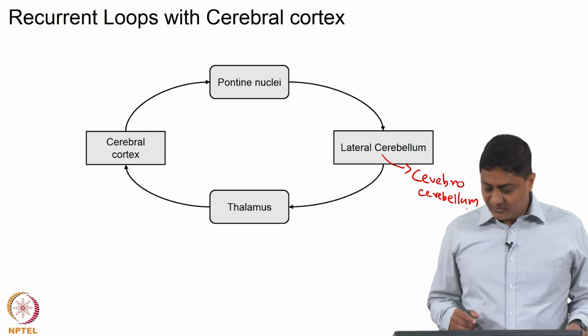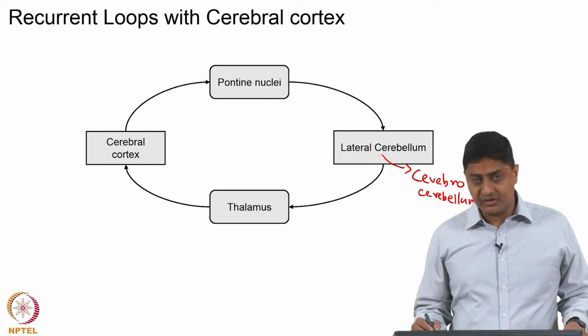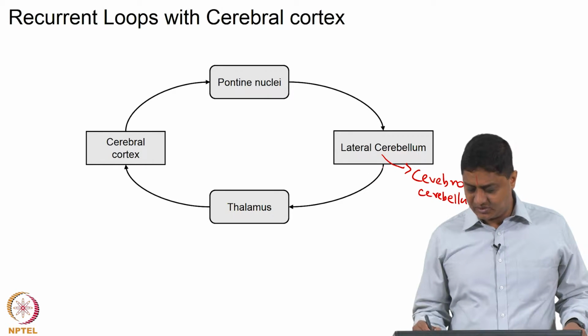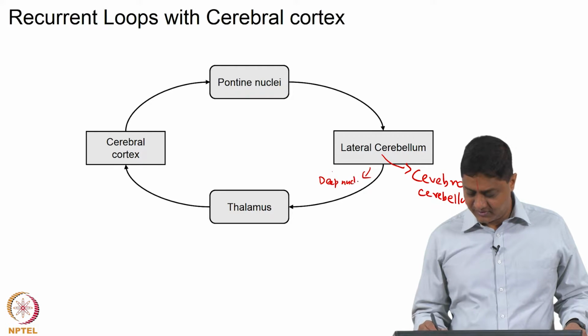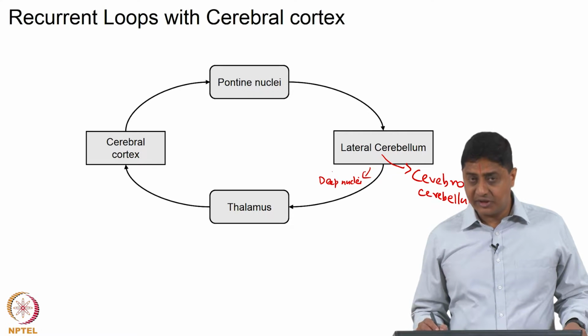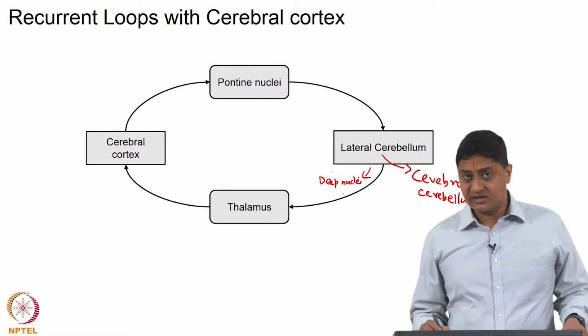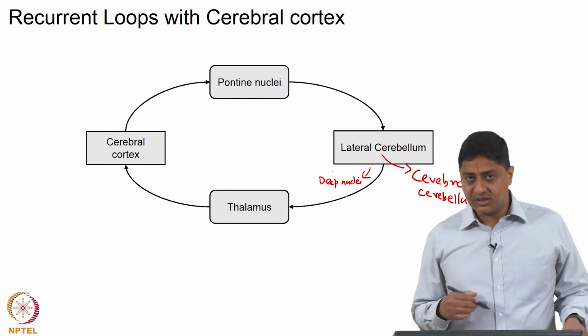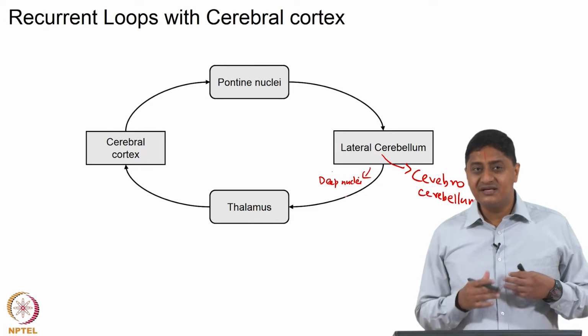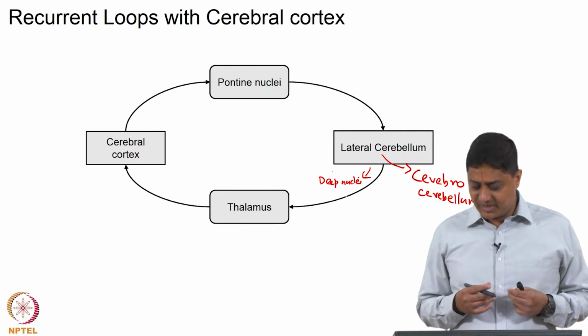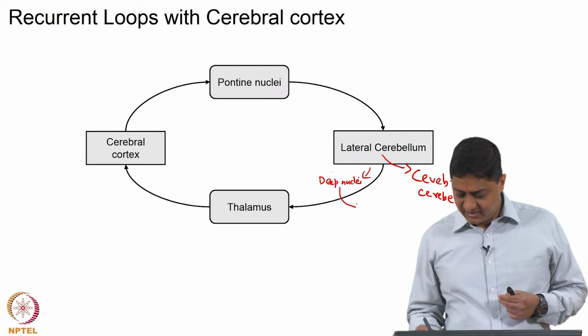The output from the lateral cerebellum goes via the deep nuclei. Actually not shown here is the deep cerebellar nuclei. In particular, what is the nucleus that is responsible for sending outputs to the cortex or processing information from the cerebellum? That is the dentate nucleus.